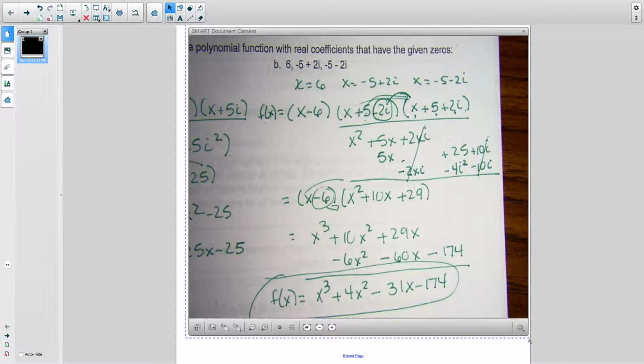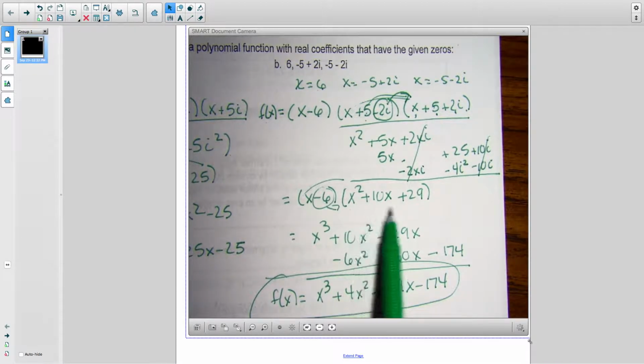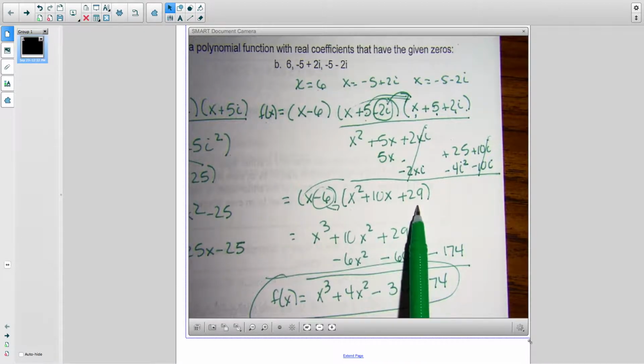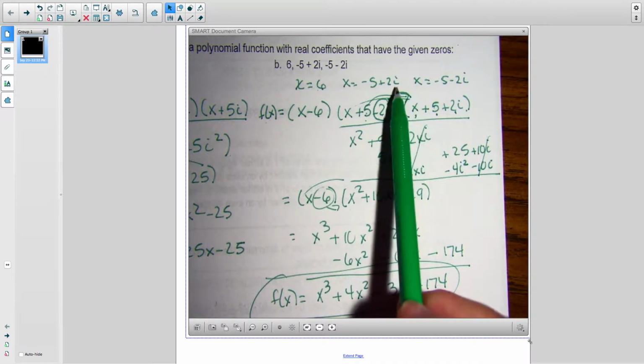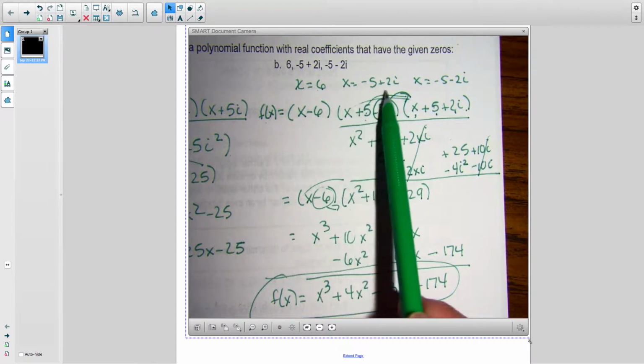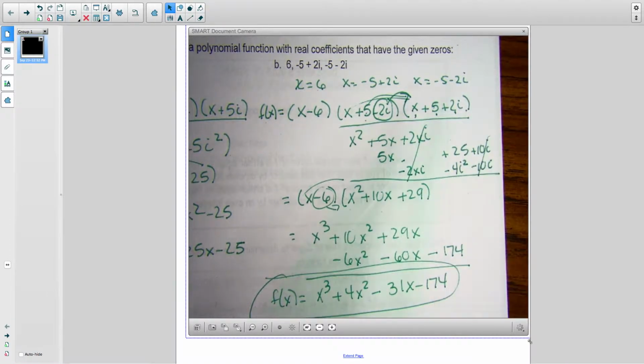Do you guys understand that if I ask you to solve this quadratic, x squared plus 10x plus 29, you would have to use the quadratic formula to solve it? And that when you use the quadratic formula, your answers would be negative 5 plus 2i and negative 5 minus 2i? Yes? You see that?